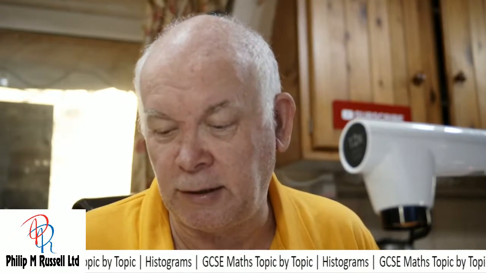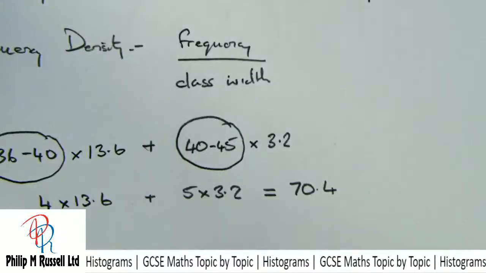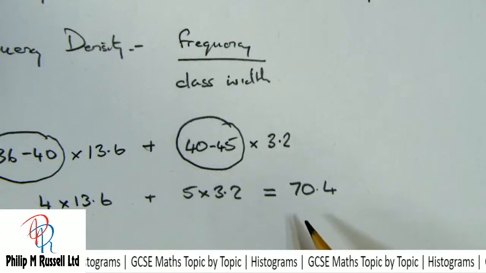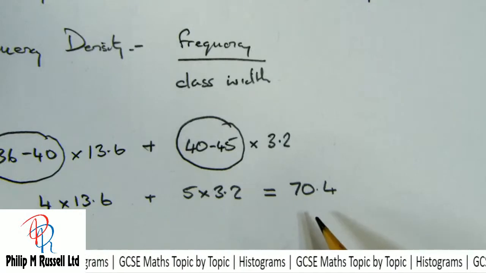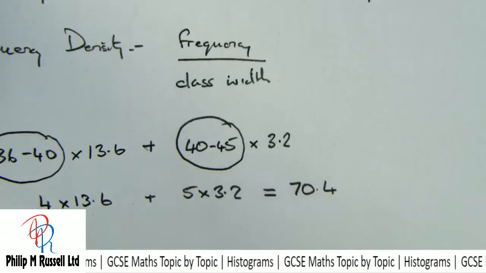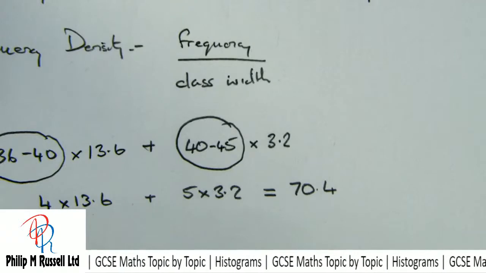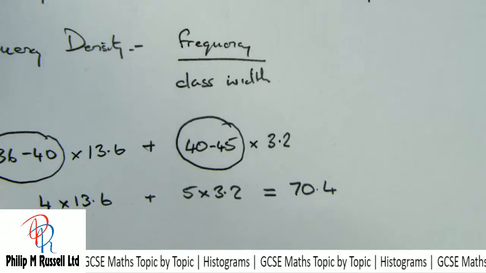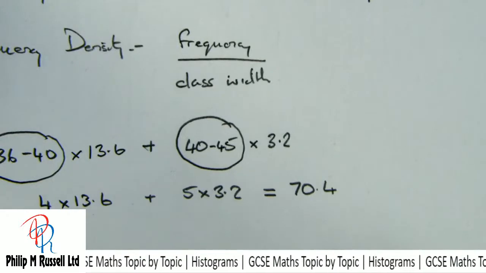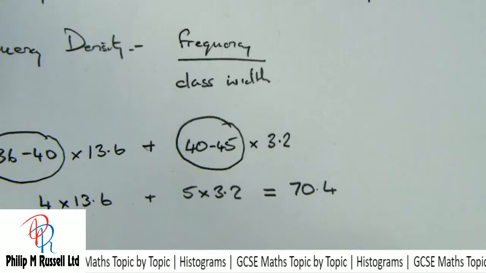So maybe we've got a histogram and we're trying to get data like this, and that's how we get these nasty little things like this to work out the number of people that are between this and this. So we can try to work out perhaps a number from our frequency density.